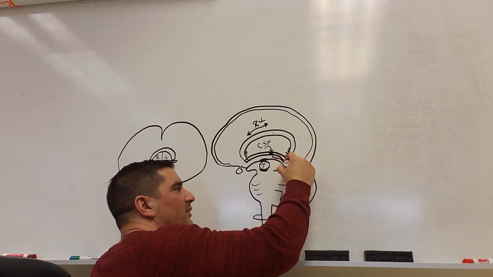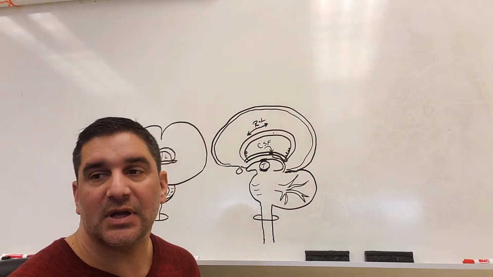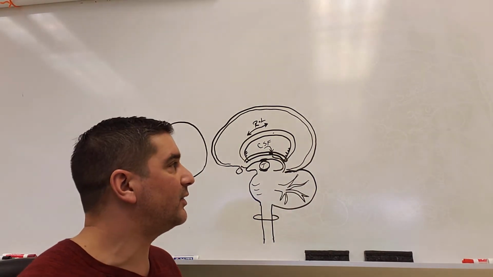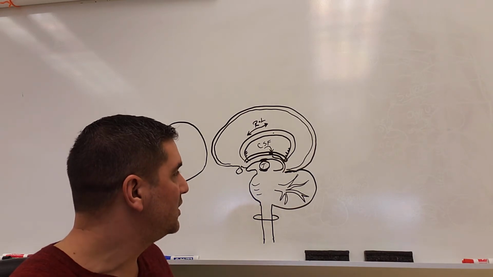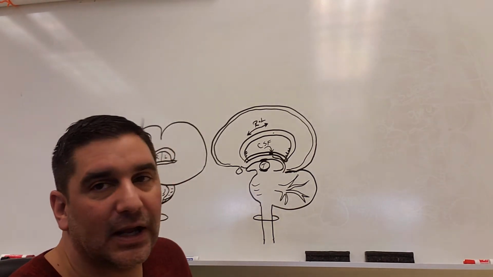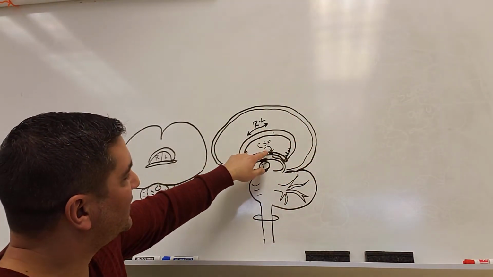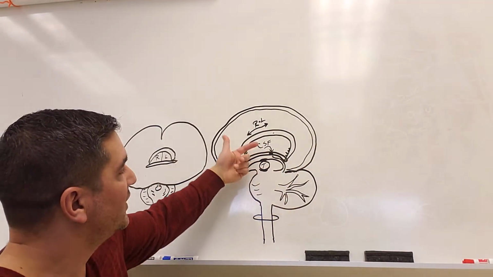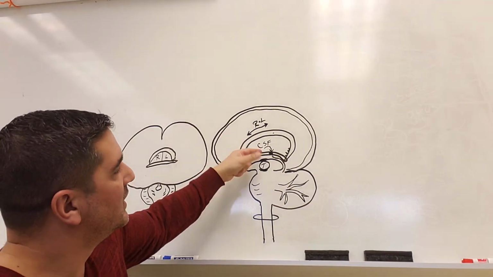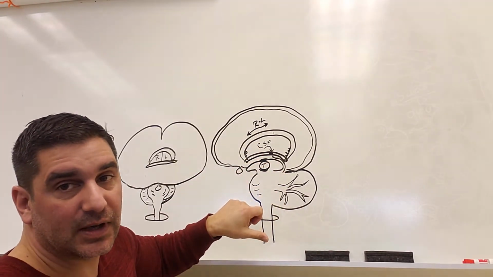You guys have heard of Roman aqueducts, right? They solved the problem of planned cities needing water by bringing water in from streams through aqueducts. Same thing. This is carrying fluid, but in this case, cerebral spinal fluid. So it's a cerebral aqueduct.